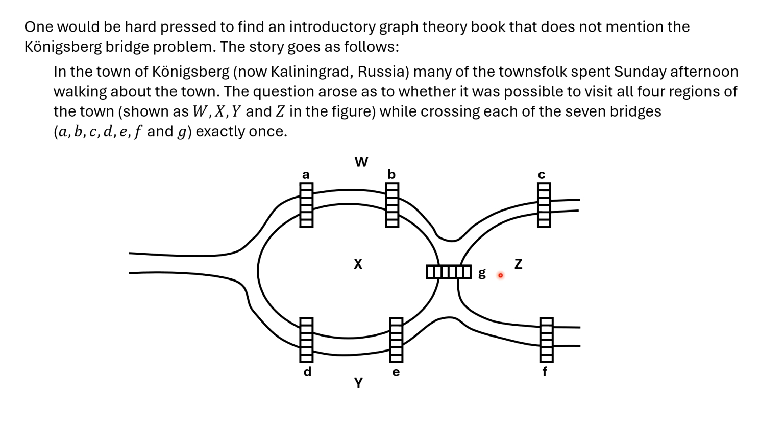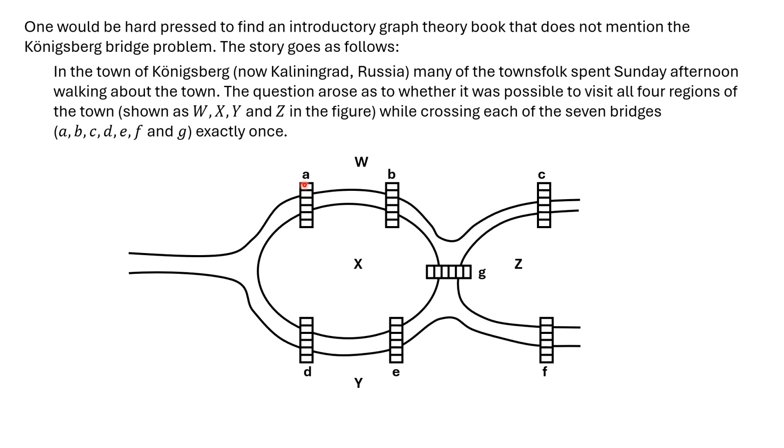And there were two variations, I guess. One variation is you would start somewhere and go across all the bridges, not crossing any of them more than once, and then return to where you started. And then there was an easier option where you started in one area here, and you covered all the bridges without going over them more than once, but you could end up somewhere else.